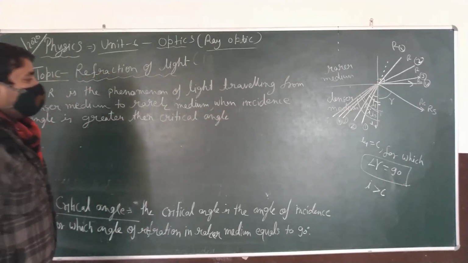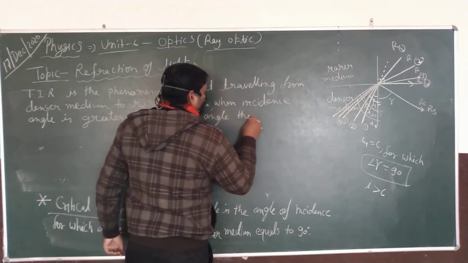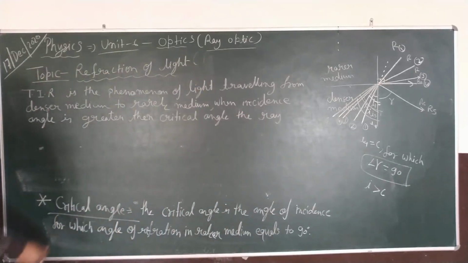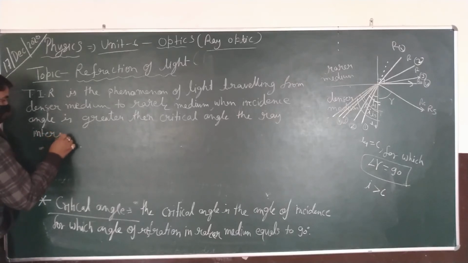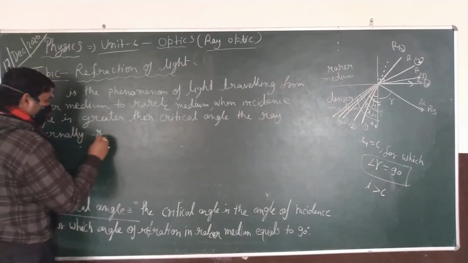The light is internally reflected, the ray is internally reflected in the denser medium.